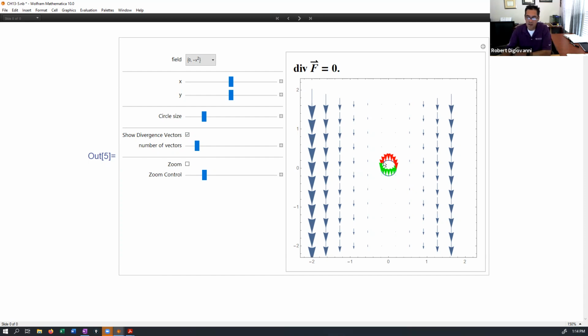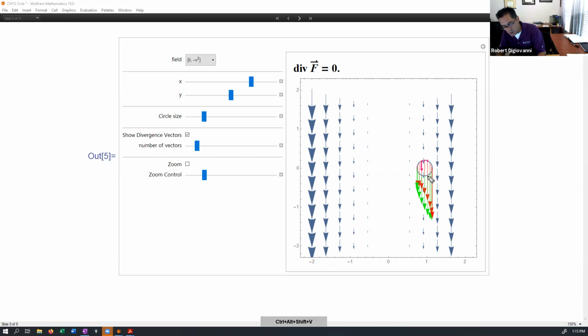And can you all see here that there's as much red going in as there is green going out? Now let me slide this to the right and let's see what happens. Okay, so I think it's more obvious that the red vectors here are all over here, and those vectors are going into the circle.